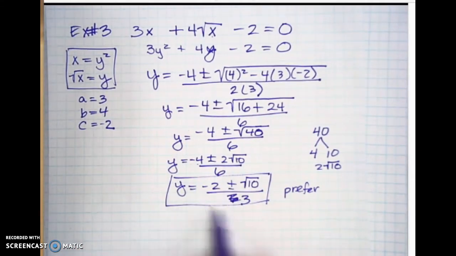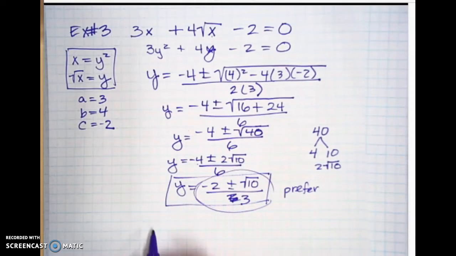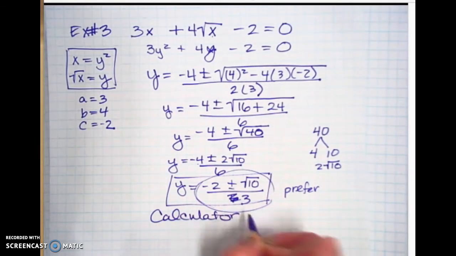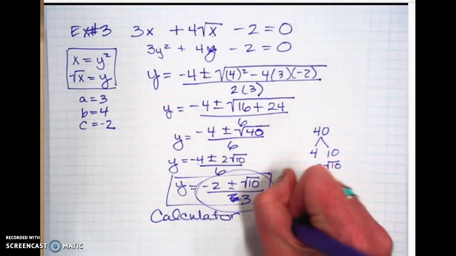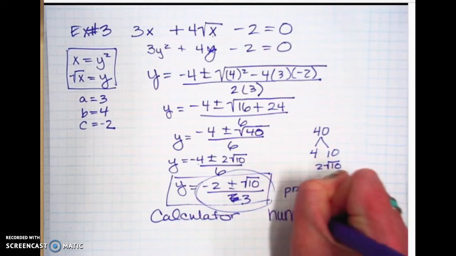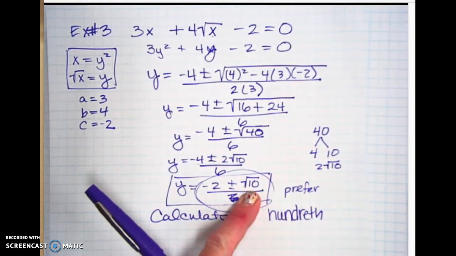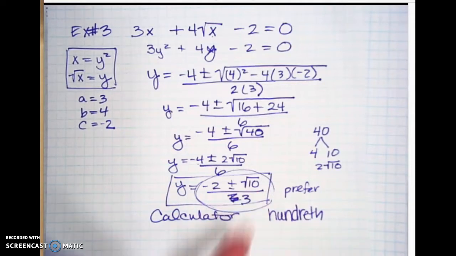So I'm going to take this part of it, and I'm actually going to calculate it out with my calculator. And I'm going to round to the nearest hundredth, because the square root of 10 is not a perfect square, right? So it's going to be a decimal, okay?